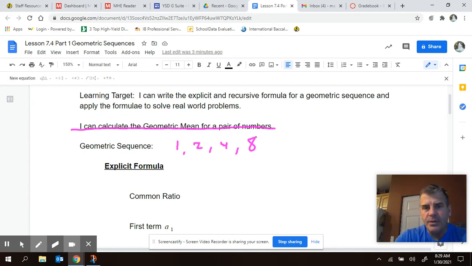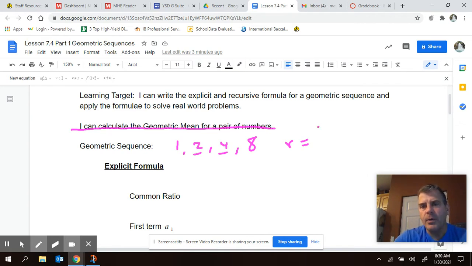And a way to find that, which is called the common ratio, we'll call it R, is to take a previous term, like 2, anywhere in the sequence by the way, and divide it into its next term. Or another way of looking at that is take any spot in the sequence, let's say the term 4, and divide it by its previous term to get the ratio.